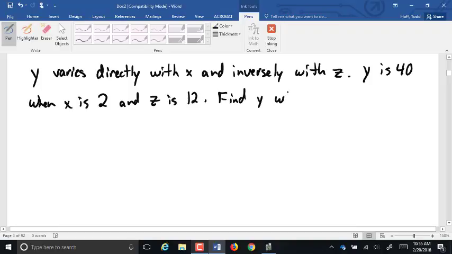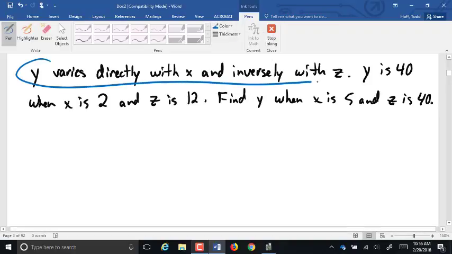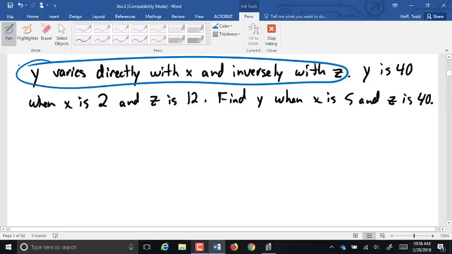Find y when x is 5 and z is 40. So this is combined variation. We have both direct and inverse.